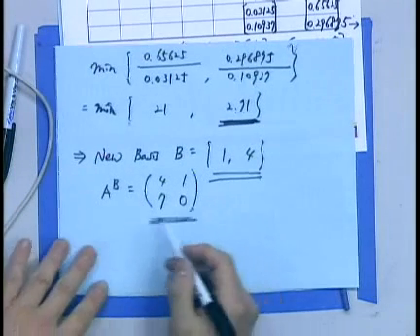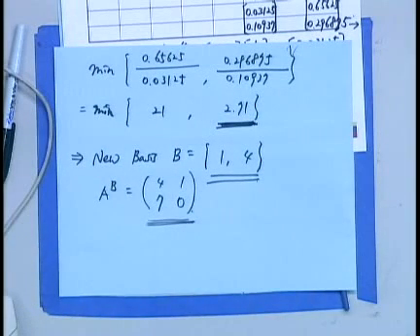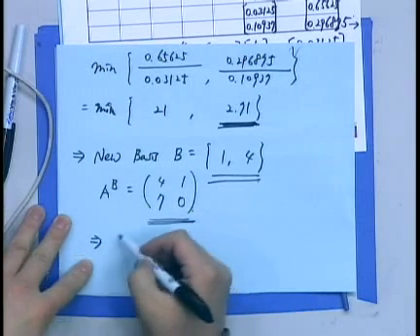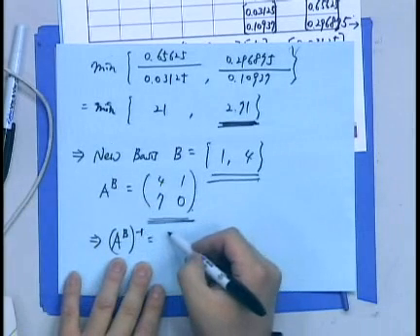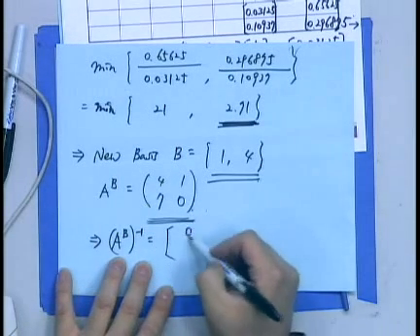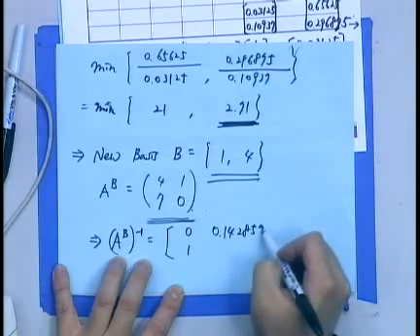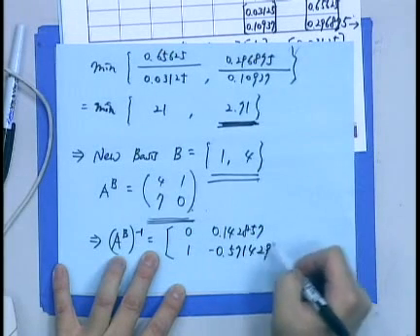Now we need to update the basis inverse matrix, either by using the formula or by using the Gauss-Jordan method. Okay, whatever you feel convenient. And from this, the new basis inverse matrix is 0, 1, 0.1428, 0.57, negative 0.571429.